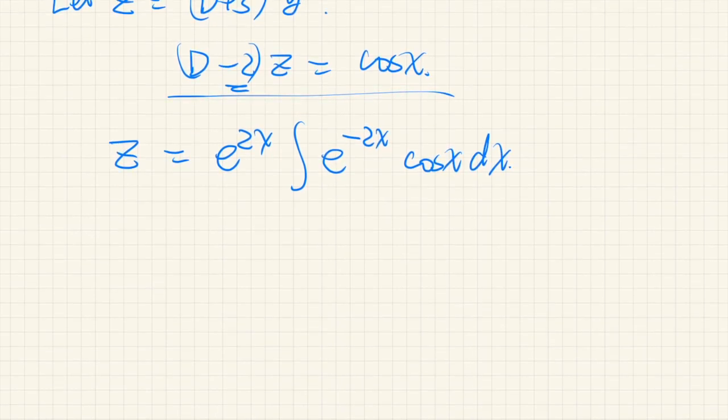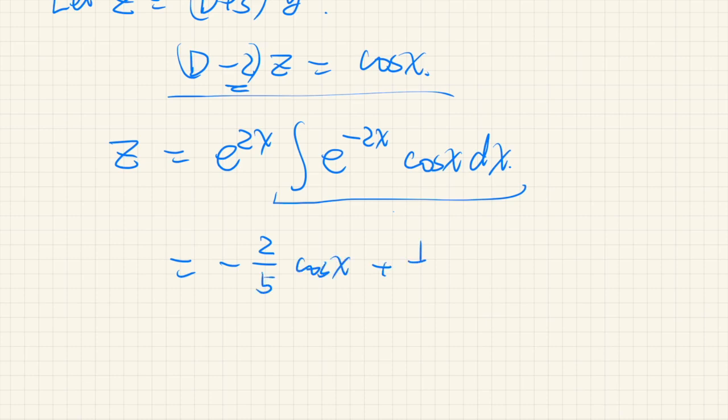If you carry out this integral, I think you need to apply integration by parts twice, and the result should be, you need to check this, negative 2 over 5 cosine x plus 1 over 5 sine x.